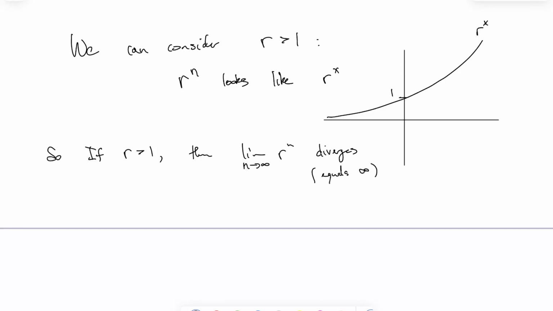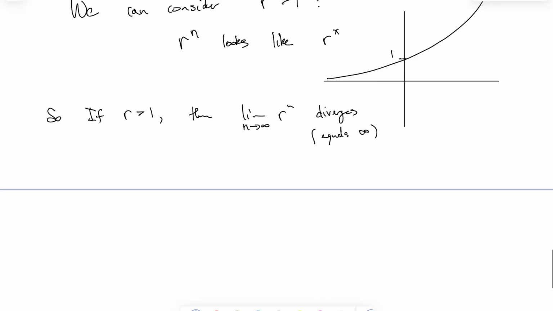What about positive numbers equal to 1? This is the stupid example we already talked about. If r equals 1, then r to the n is just the same as 1 to the n. The sequence just looks like 1, 1, 1, 1 forever.